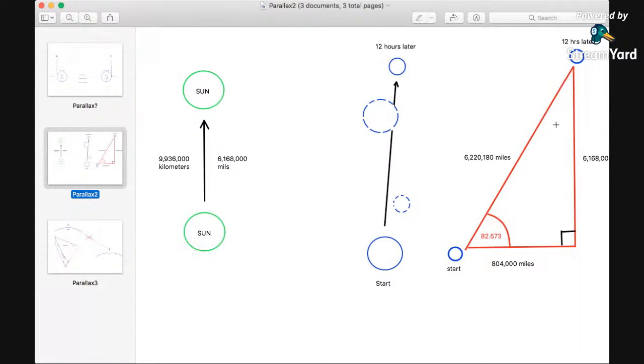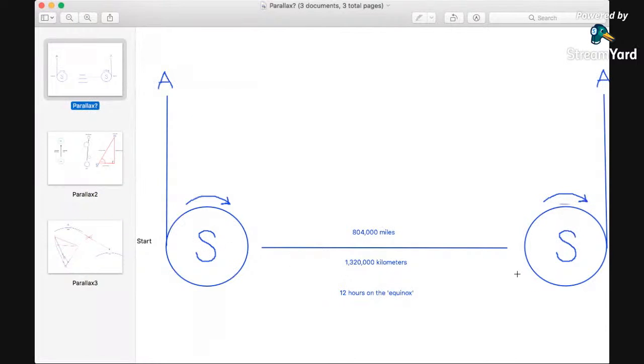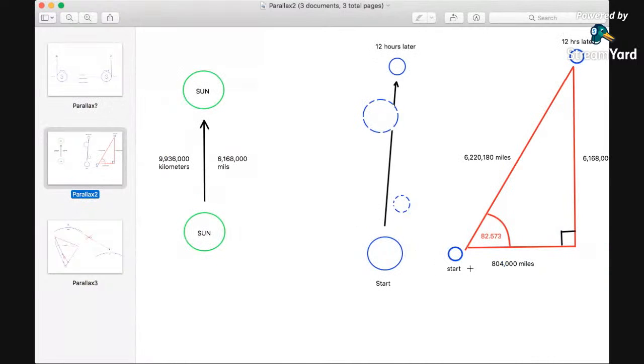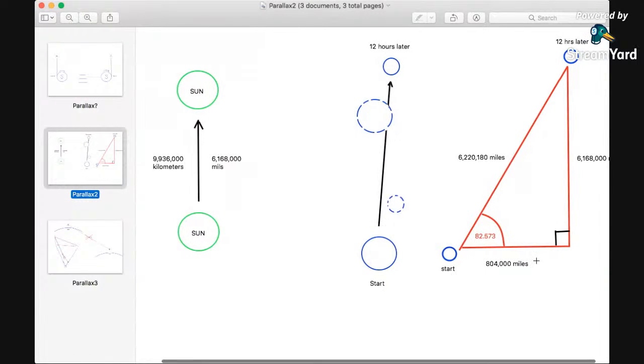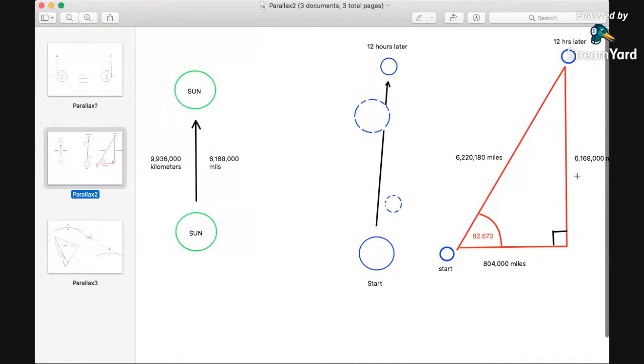The distance around the sun is 804,000 miles. That's this here, 804,000 miles. But the whole solar system through space, it's 6,168,000. Great. The hypotenuse of that is 6,220,000.